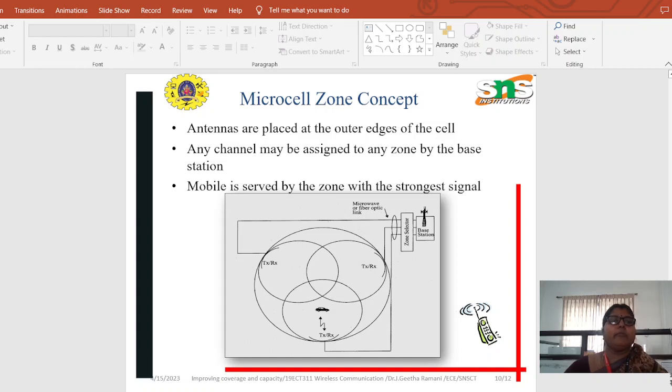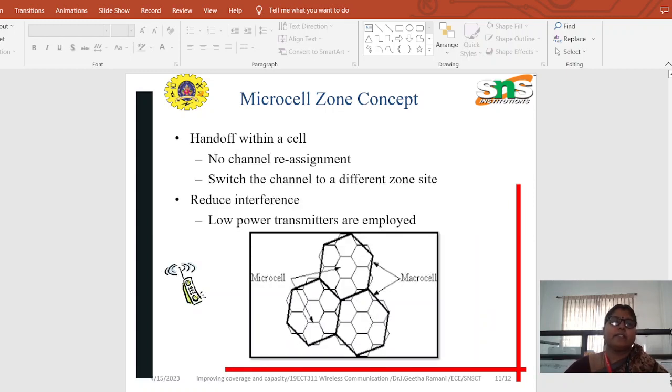Any channel may be assigned to any user. All the 3 zones are connected to the base station through the zone selector. This zone selector will select any one of these zones, and the mobile is served by the zone with the strongest signal, and there is a possibility of handoff within a particular cell.